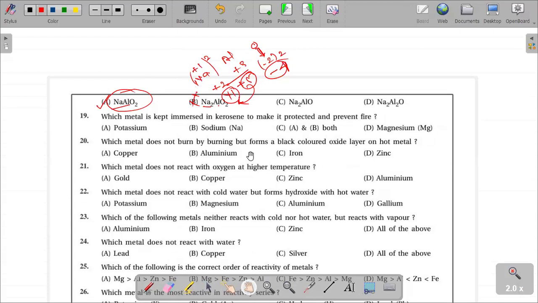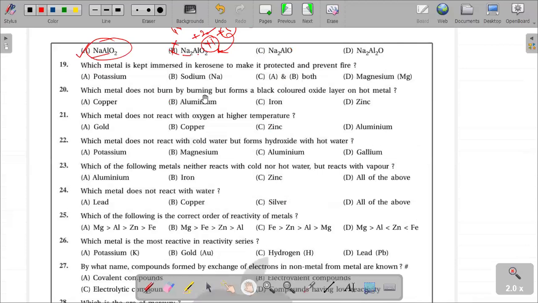And next case, which metal does not burn by using the copper? So when you are using the copper, which one will get the black color oxide? The oxide should be black color. Now copper reaction with oxygen means you will get copper oxide, CuO. Aluminum reaction with oxygen gives Al2O3. Iron reaction with oxygen gives Fe2O3.